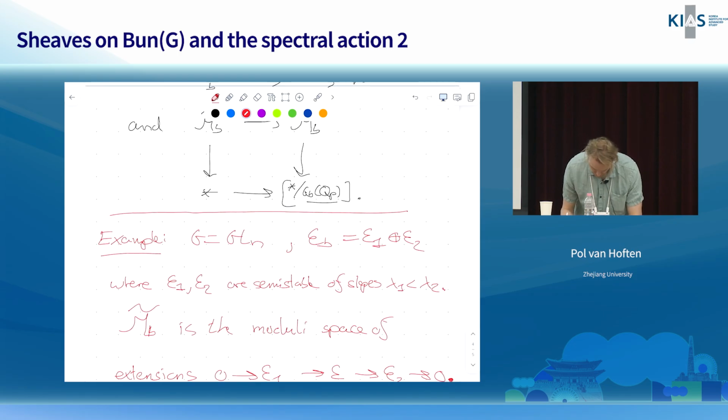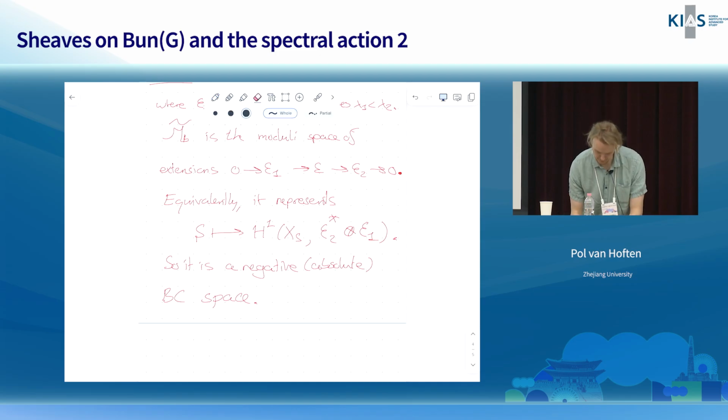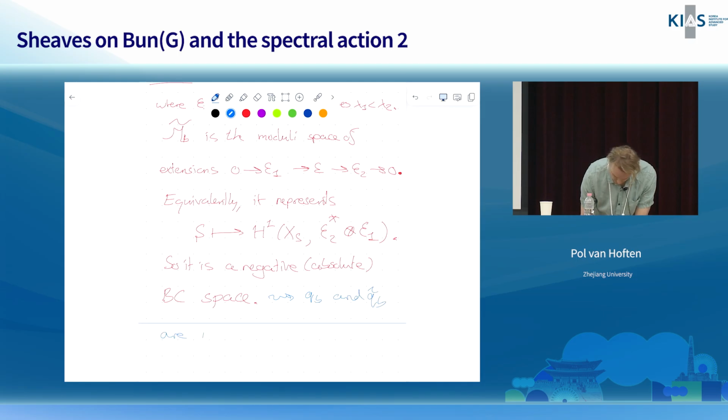Okay, so maybe let me just sneak in some notation here. This map is Q_B, and I'll call this Q tilde B. So this implies that Q_B and Q tilde B are representable in locally spatial diamonds.